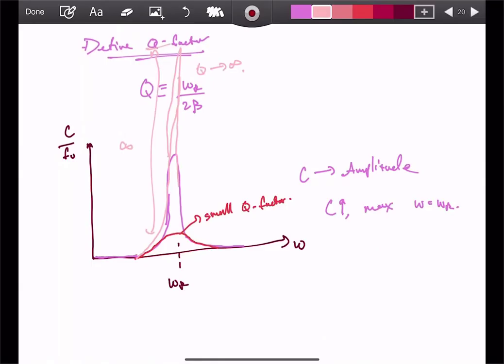But again, the point of this is resonance. As my external frequency goes to the resonance frequency, the amount of harmonic oscillation is going to become bigger and bigger until eventually it's so large, with this Q factor, that it's just going to cause the system to fall apart.